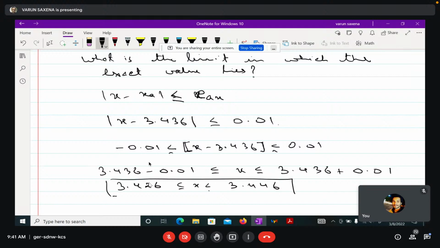So this is the range in which your exact value will lie. You don't know what it is, but you know the range in which it will lie if the error is this. So if the error is more, the range will be bigger, and that much more will be the uncertainty, right? So this is what it is.